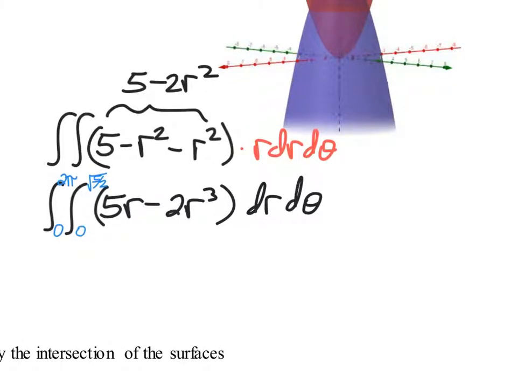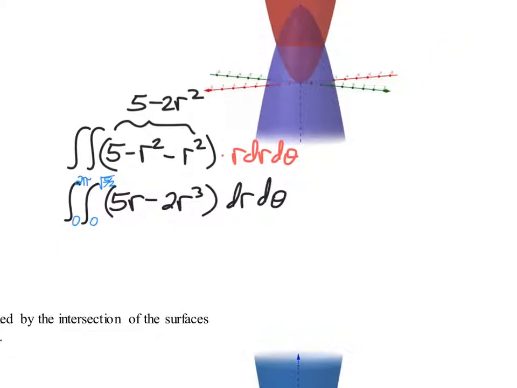The antiderivative is not crazy, because we're looking at something that is exclusively in terms of r. It's all power rule. So 5 halves r squared minus 1/2 r to the 4th on the interval of 0 to root 5 over 2. So that's one step you have to do out in order to take advantage of your calculator in the next step.